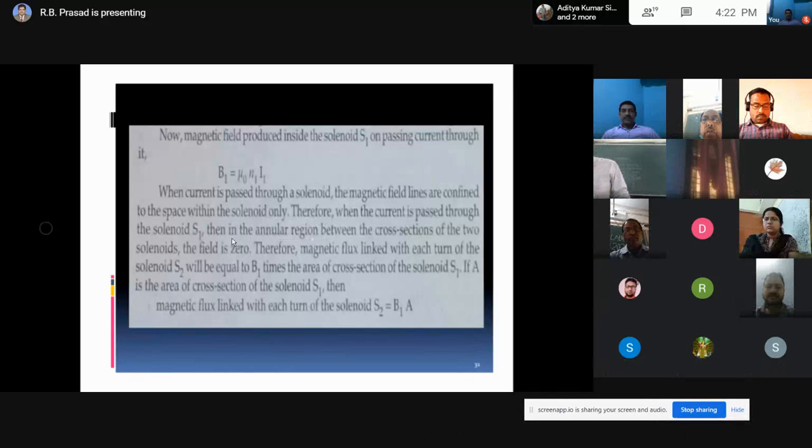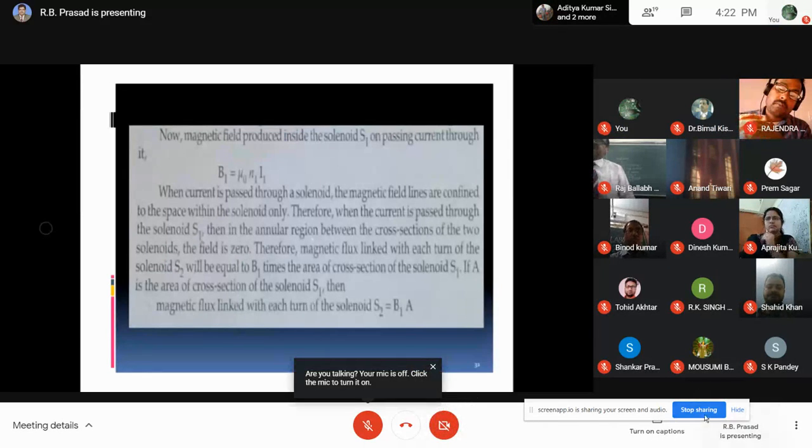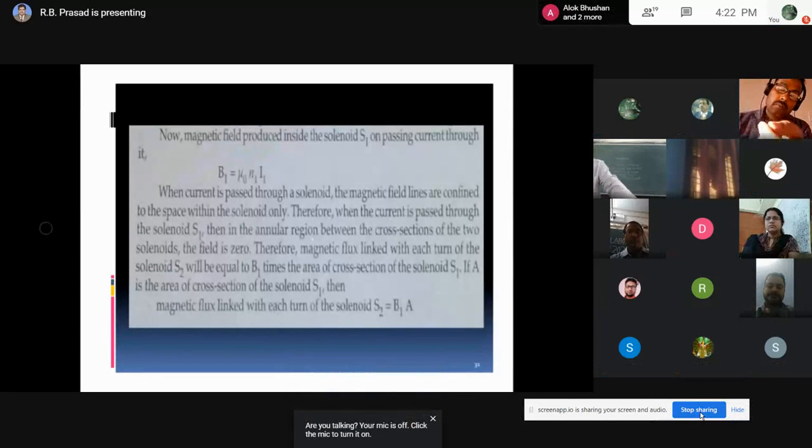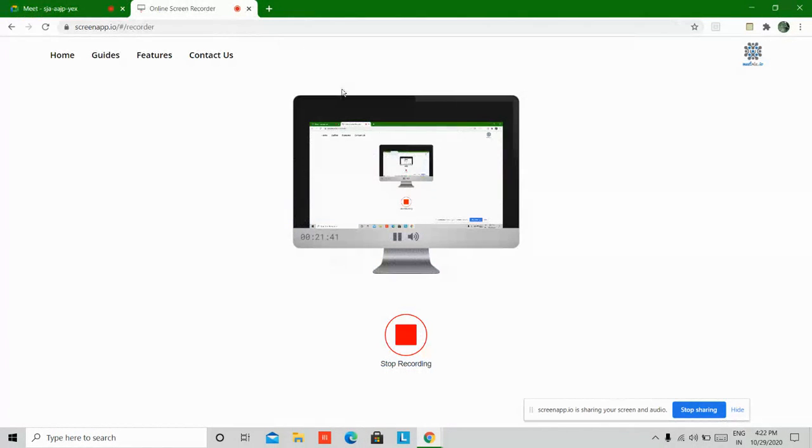So B1 into A multiplied by the number of turns of the secondary coil, into current, into length of the second. Length and area are both the same, as we have taken for both solenoids. So N2 into L is multiplied here, N2.